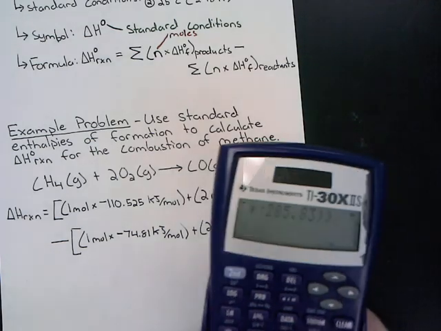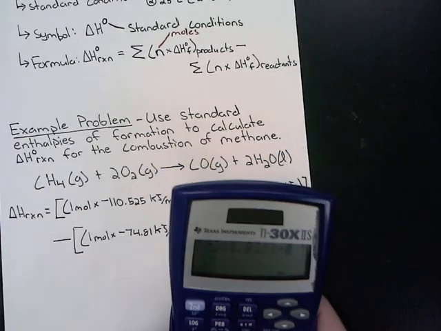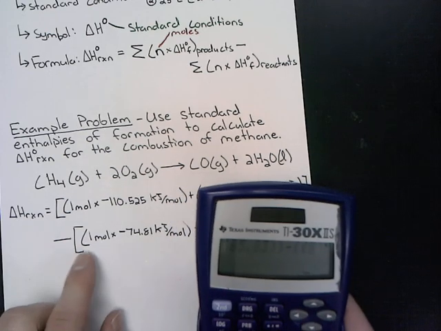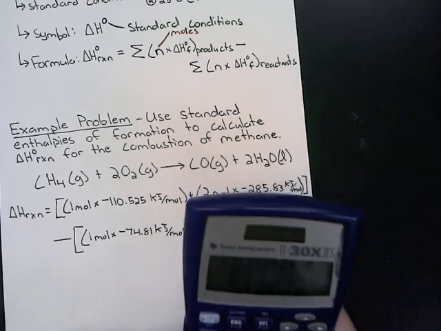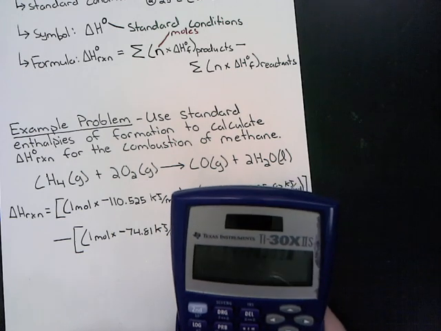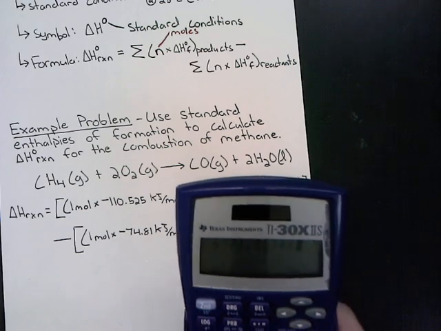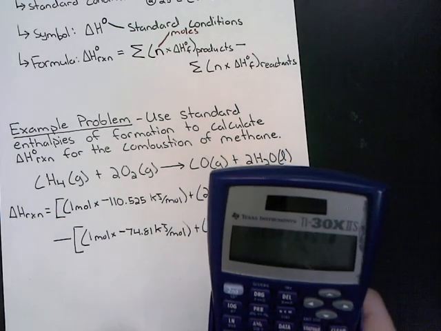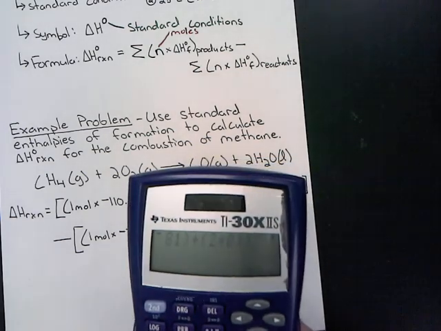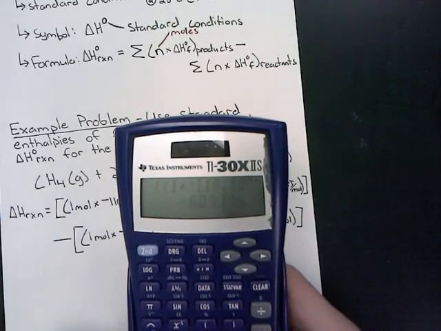Now I close with a double set of parentheses because I end with a bracket. Now I subtract from this a double set of parentheses, because bracket and parentheses, 1 times negative 74.81, and then I add to it 2 times 0. Double set of parentheses because that is the bracket there, and I press enter.